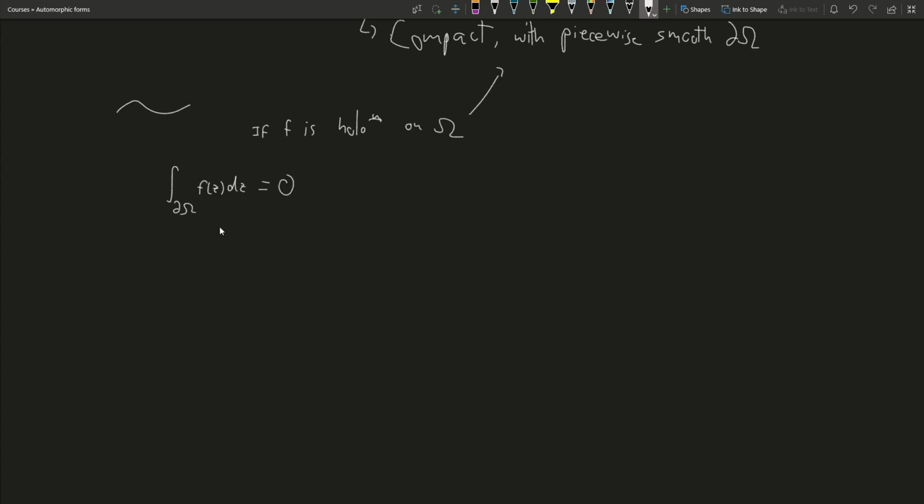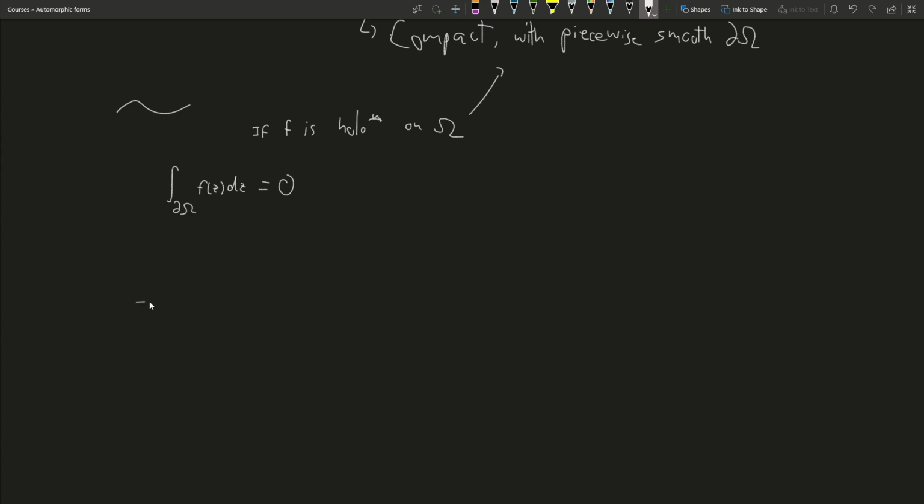And this fact is very powerful, because if you're holomorphic on omega, you're also holomorphic on a lot of subsets of omega. And that lets you do some cool tricks.